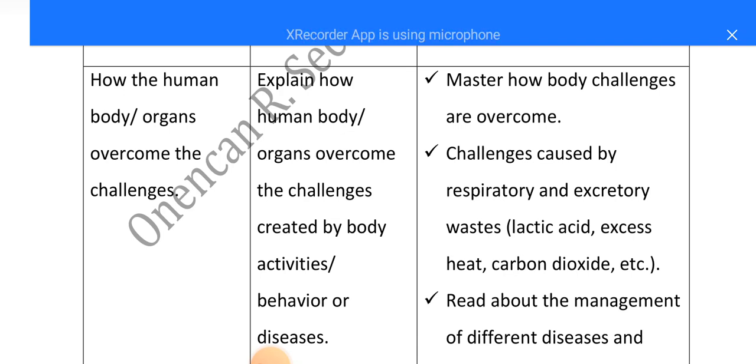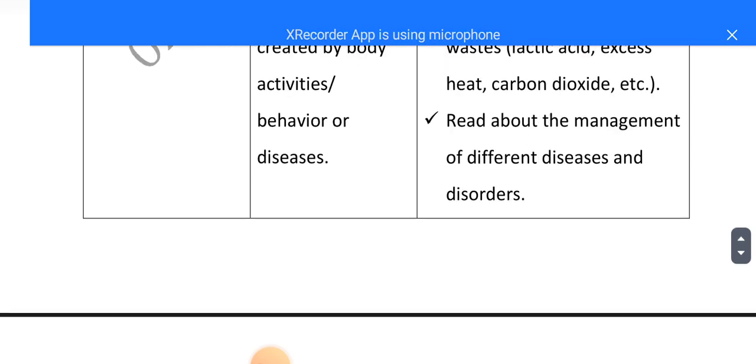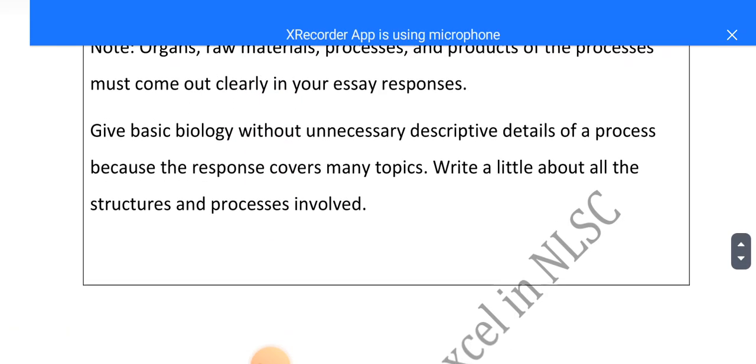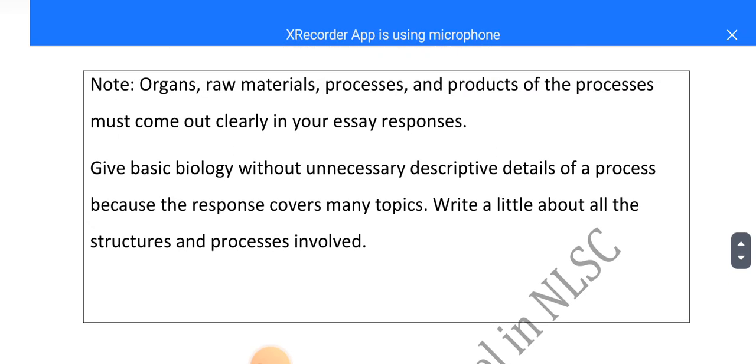Then here you have to master how the body overcomes challenges, maybe challenges caused by respiratory and excretory wastes. Then read about the management of different diseases and disorders.